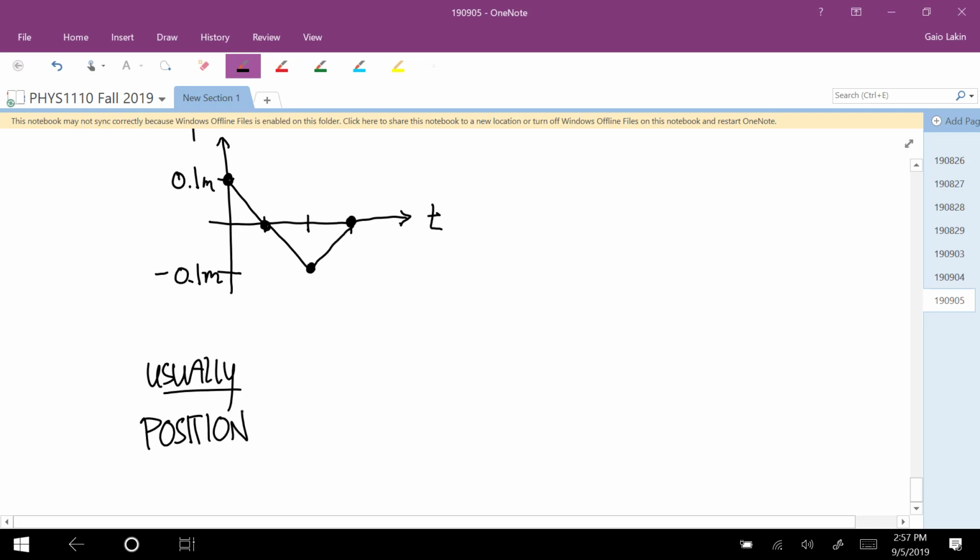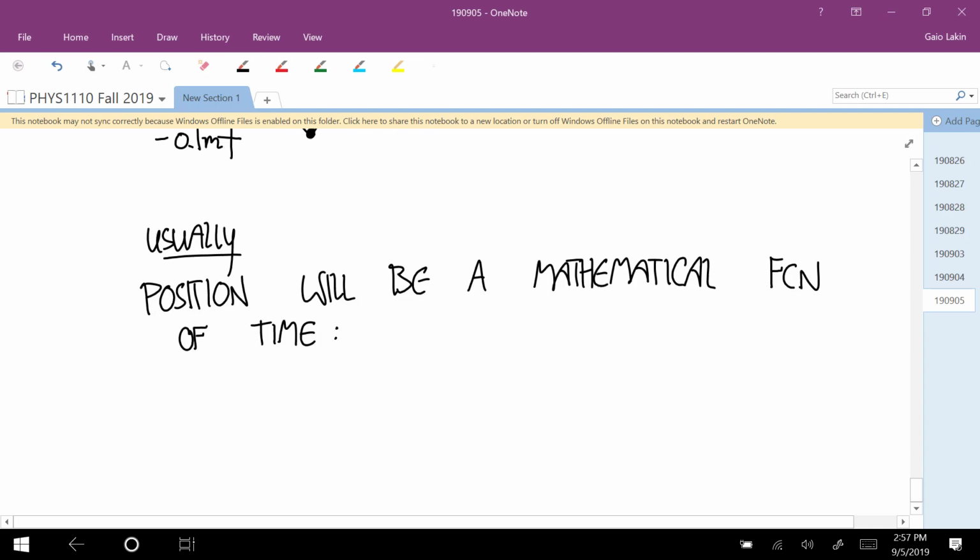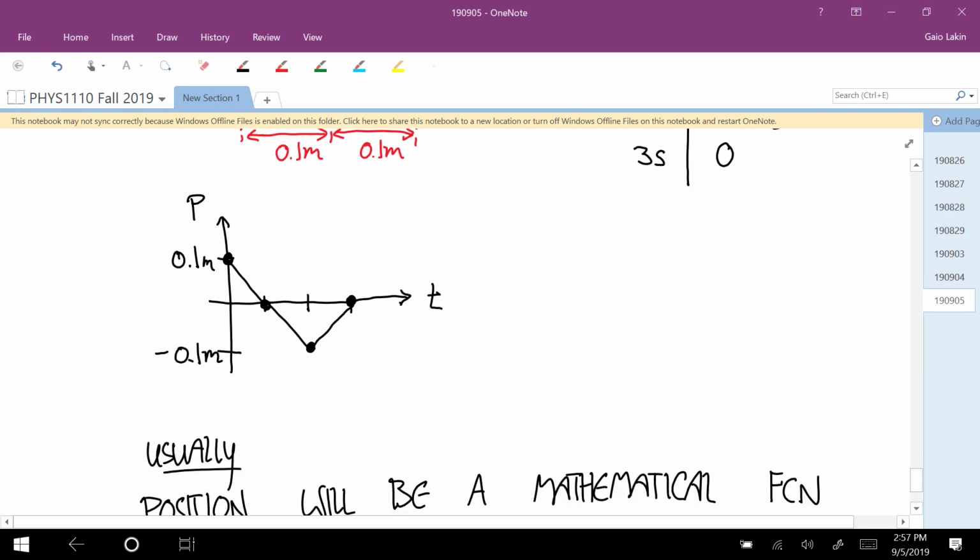So position will be a mathematical function of time. For example, we'll see stuff like P of t is equal to t cubed, okay? And if you can graph that function t cubed, then that's the equivalent of what you have up here.